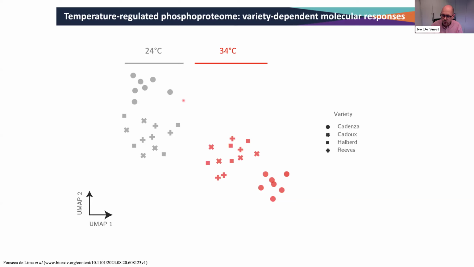So what we did is take 4 varieties, 2 sensitive and 2 tolerant ones. We exposed these to the same kind of treatment, 24 as a control and 34 as high temperature, and we do see some distinct responses, with Cadenza responding a little differently compared to the other varieties.